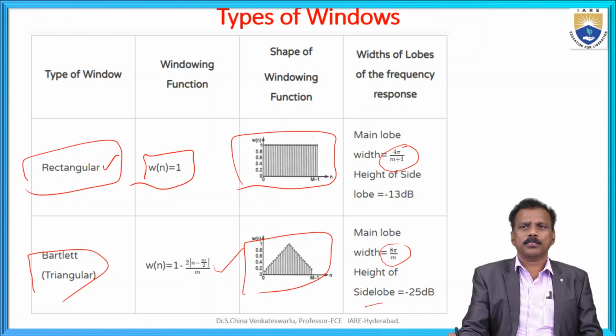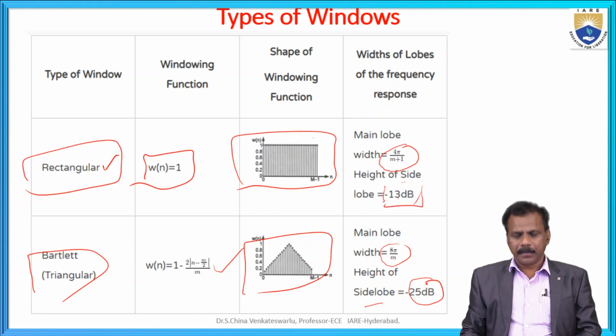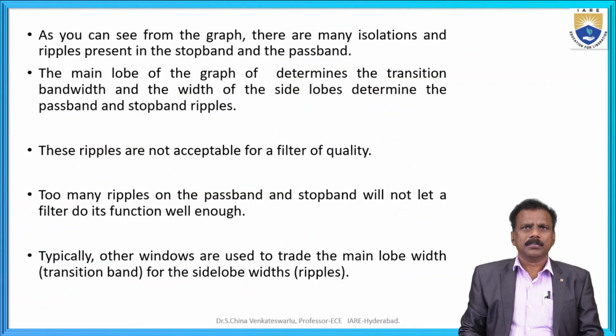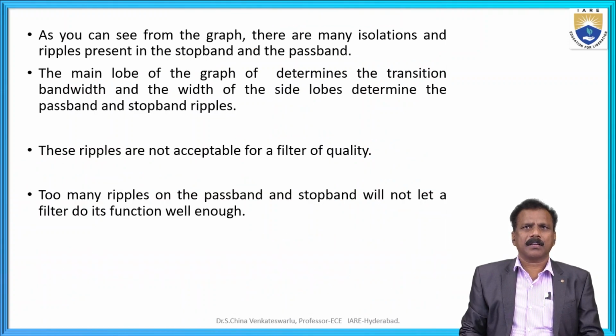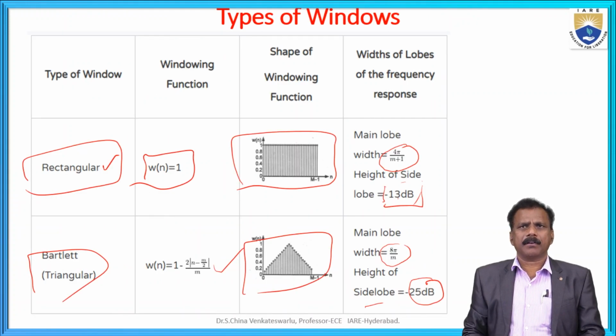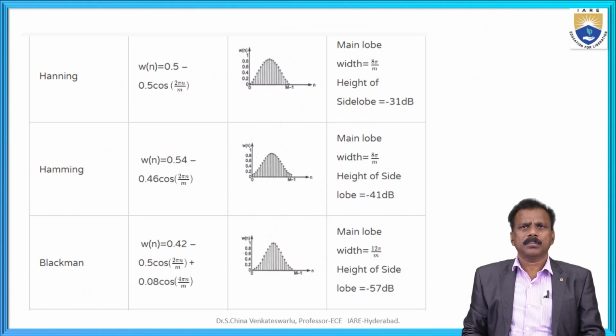The height of the side lobes is minus 25 decibels in Bartlett. For the rectangular window it is minus 13 decibels. With this we analyze the types of windows, as seen in this particular graph.